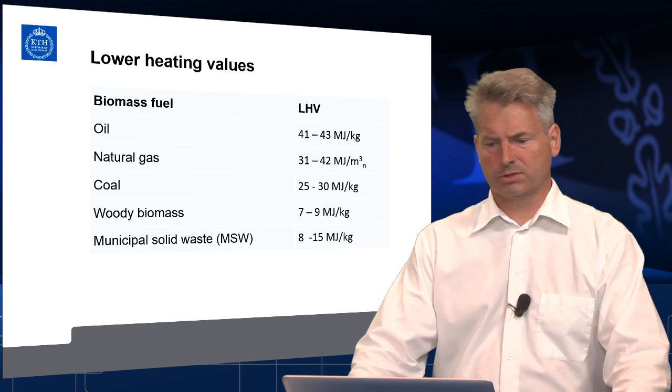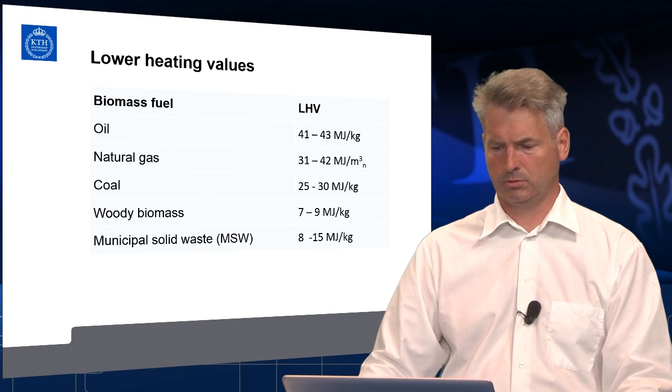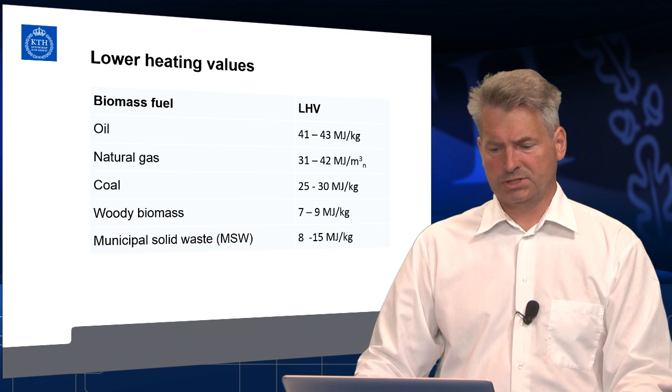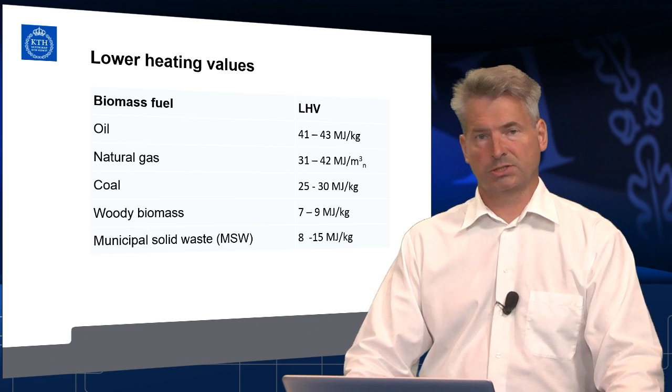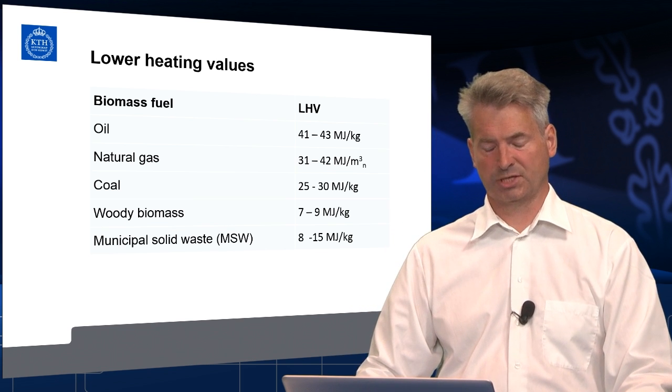Here you see different data for lower heating values. For oil, it's quite high, slightly more than 40 megajoule per kilogram. For natural gas, you have 31 to 42 megajoule per normal cubic meter. For coal, it's a bit lower compared to oil, 25 to 30 megajoule per kilogram. This number here for woody biomass is raw biomass, where you have moisture content around 50%.